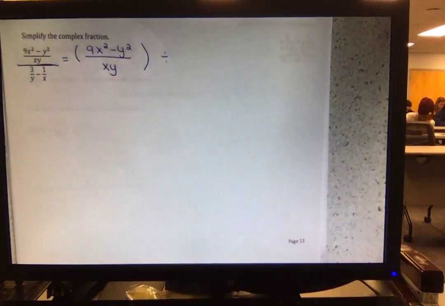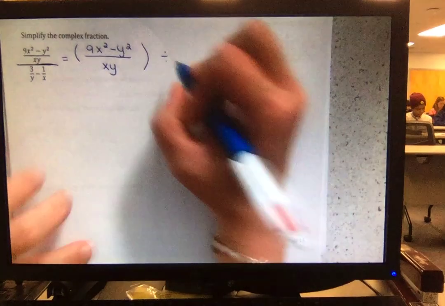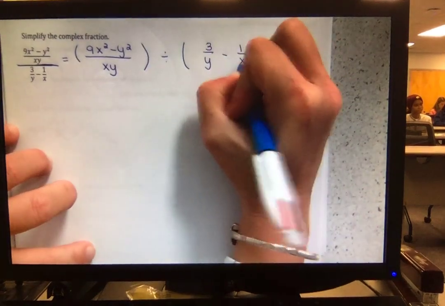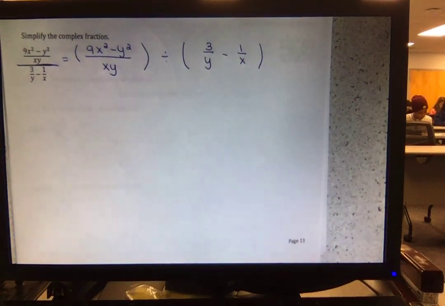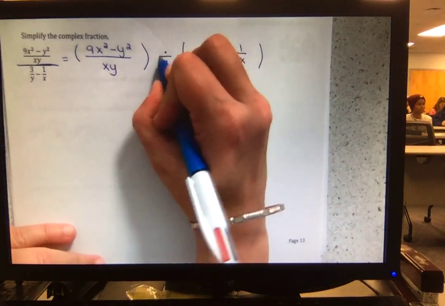So I just rewrote it using the division sign instead of as one big fraction.